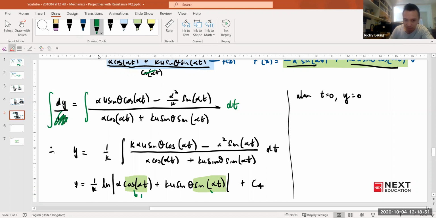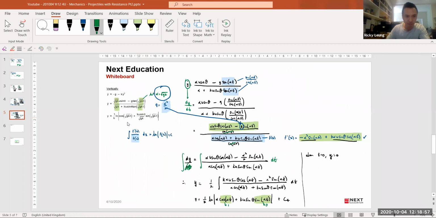Sine 0 is 0. That's ln alpha. Ooh. ln alpha, is that what I want? Yeah. I want ln alpha because then I want the alphas to go away. Is that right? I'm going to have a quick look. Yeah, it is ln alpha. Because then I do subtraction of ln and it goes like, beautiful.